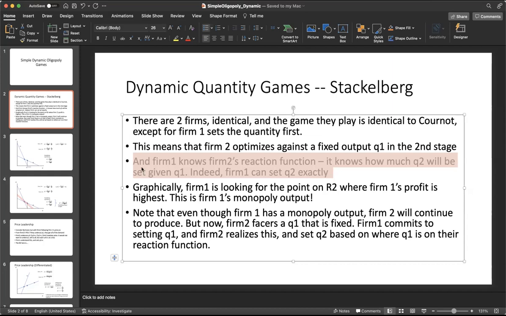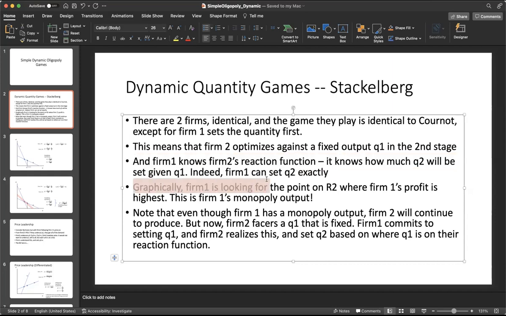So think about this graphically. Graphically, firm 1 is looking for a point on the reaction function of firm 2 where firm 1's profit is the highest. So remember the constraint: not residual demand, sorry, but the reaction function. R2 is the reaction function. So it's looking for different points along R2 where firm 1's profit is the highest.